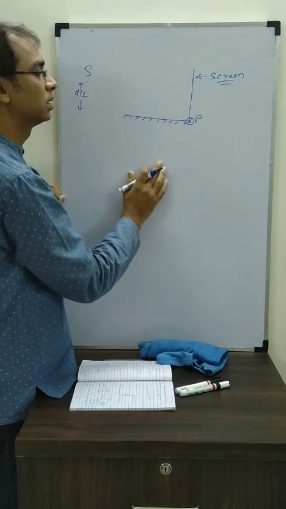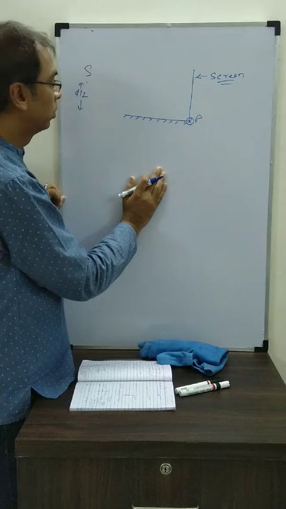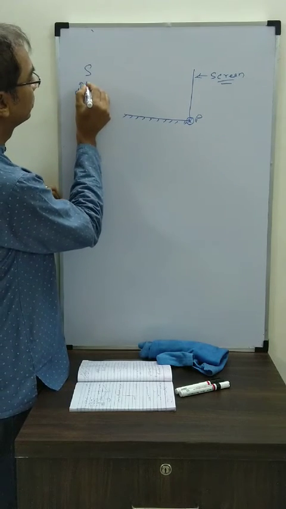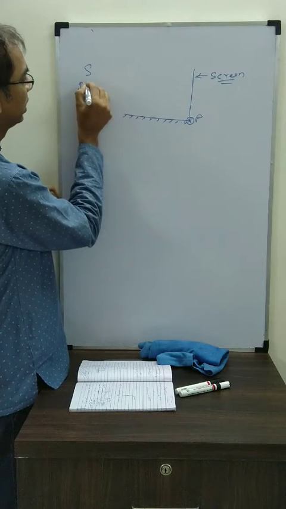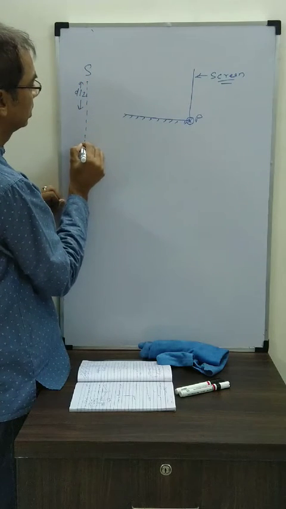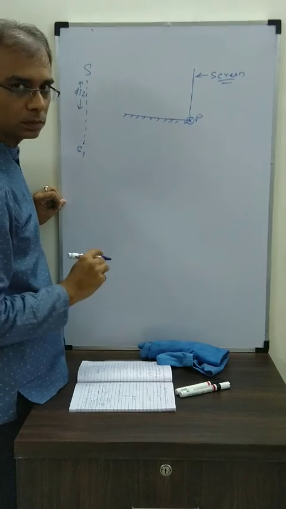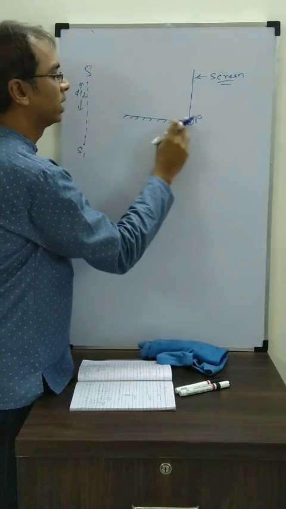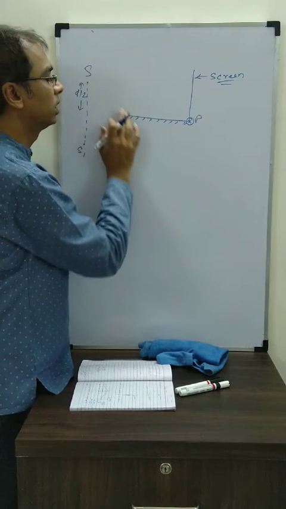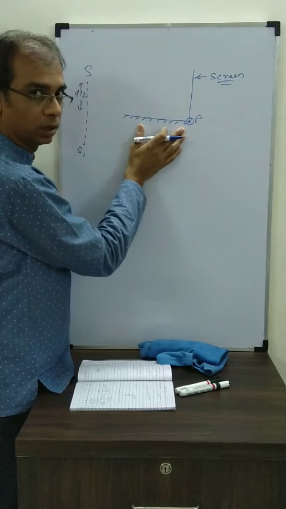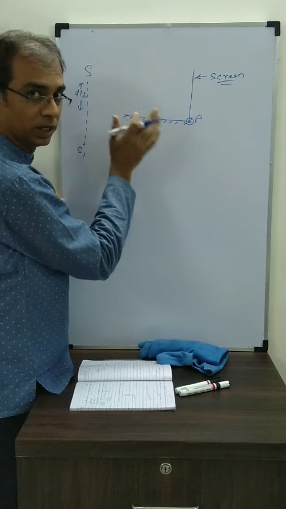The answer is minimum. Why? If I say that at this point, this is the source S and its reflection over here. This is S1. Okay. So one is a direct wave, another one is a reflected wave. Now you must know that whenever there is a reflection from the denser boundary, it's a wave basics.